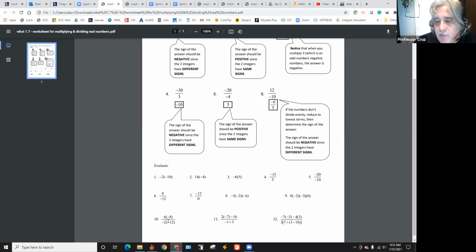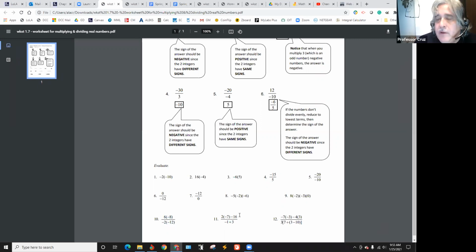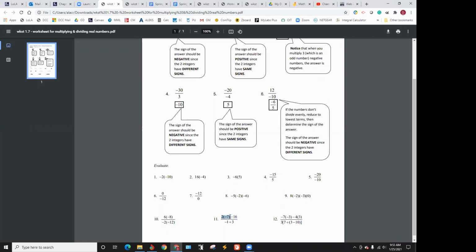All right, anybody come up with anything on number 10? Negative 2. Negative 2. What about number 11? Handle the multiplication.